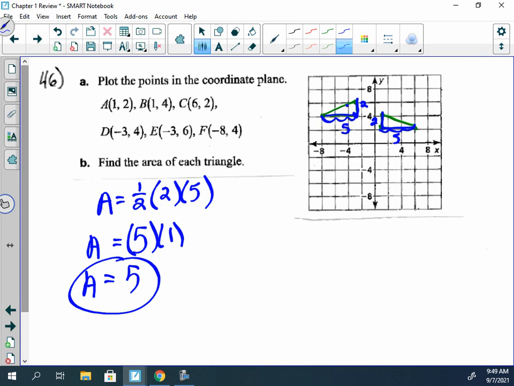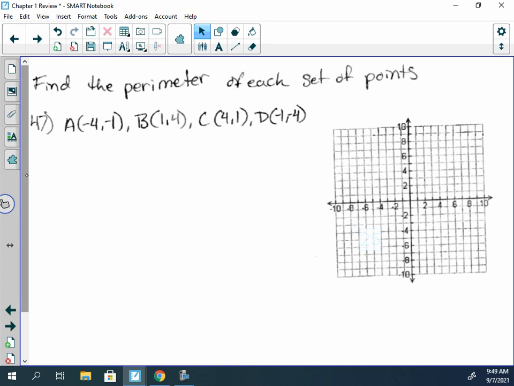Both. Both of them would have an area of 5 because they have the exact same dimensions. Any other questions on this one here? Any questions on 47?